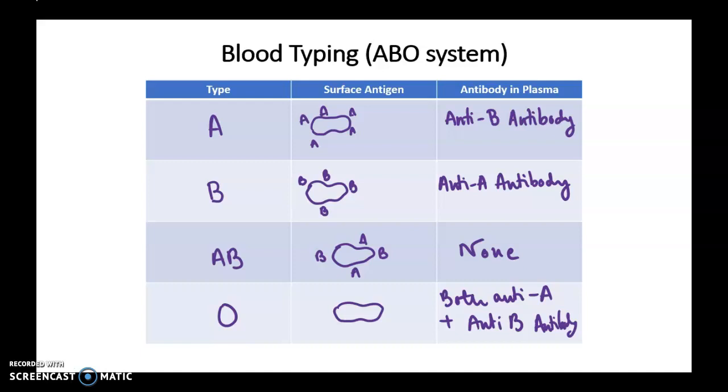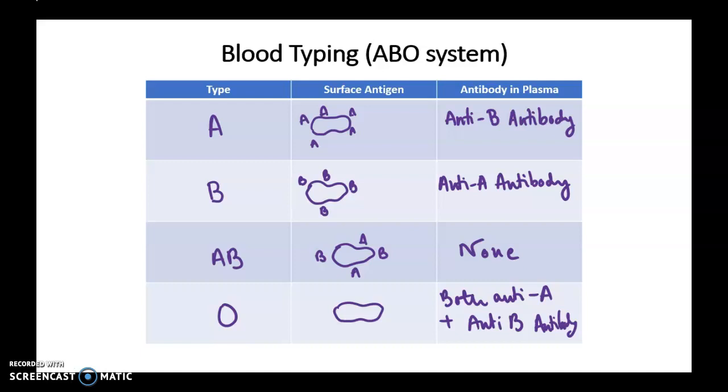And then the second one that we will talk about is called the RH system. So apart from the ABO system and the RH system, there are other systems of blood grouping as well. But for testing purpose, we will just learn about the ABO blood system and the RH blood system. Okay, so let's get started.